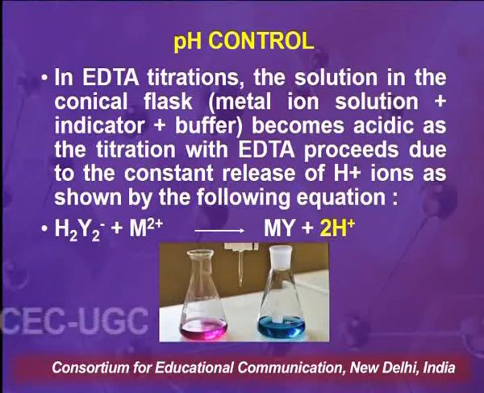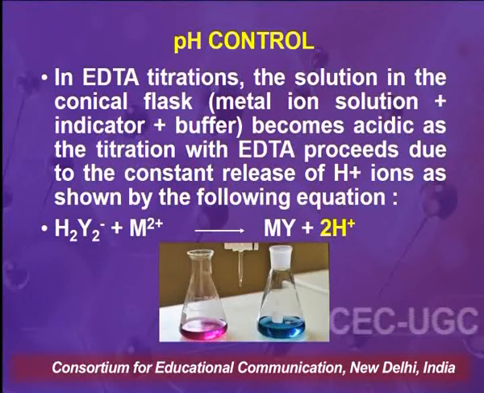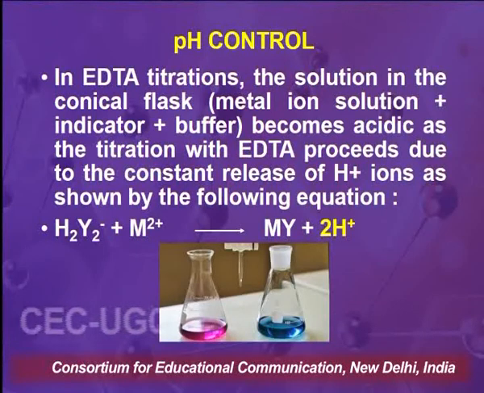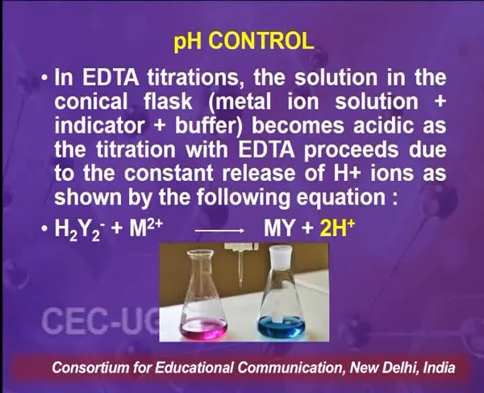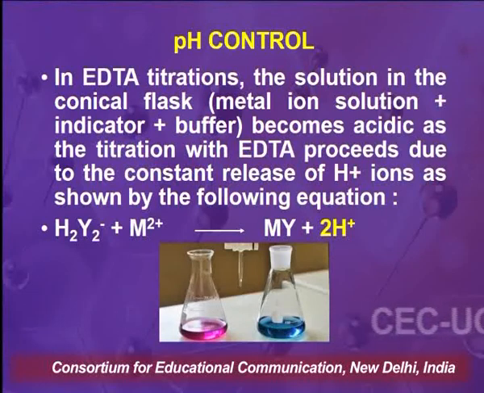The conical flask on the left shows a metal indicator complex which is pinkish red in color, and upon the titration, the metal ion complexes with EDTA and the indicator, that is EBT or eriochrome black T, is set free in the solution and gives a blue color towards the end point. So, from red to blue we can detect the end point and determine the amount of magnesium or zinc or any other dipositive metal ion present in a particular solution.